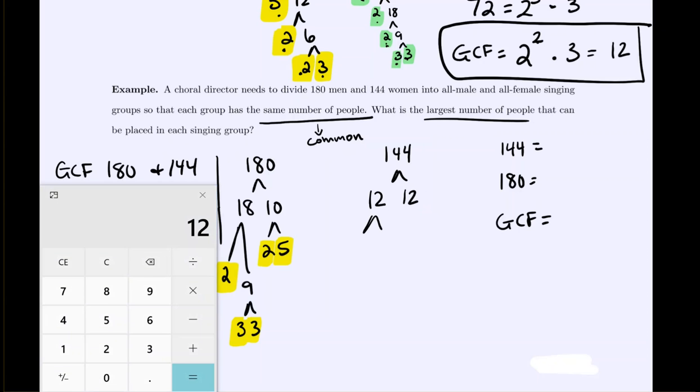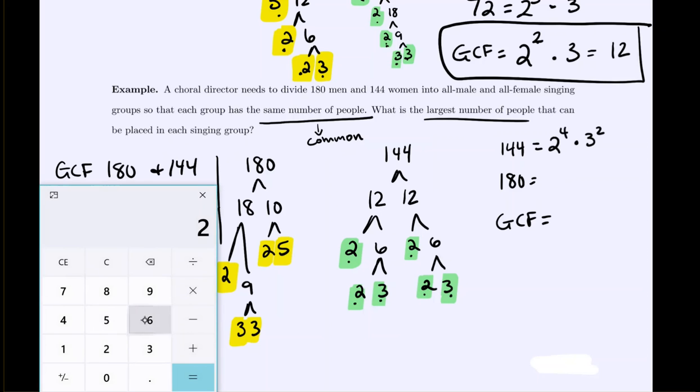Great. Now 12 can be split as 2 and 6. 2 is prime, but 6 can be split further. So our prime factorization of 144 is 2 occurs 1, 2, 3, 4 times, so that's 2 to the 4th, times 3 occurs twice, that's 3 squared.